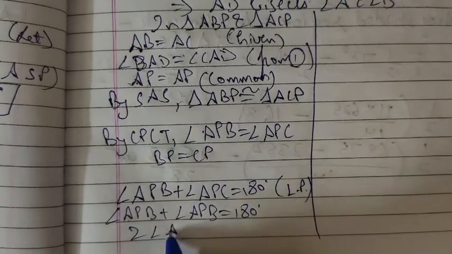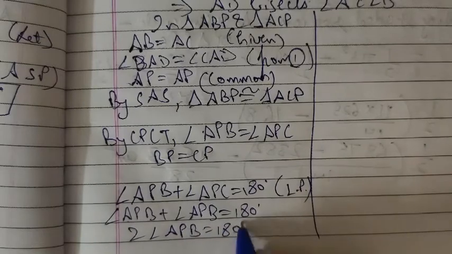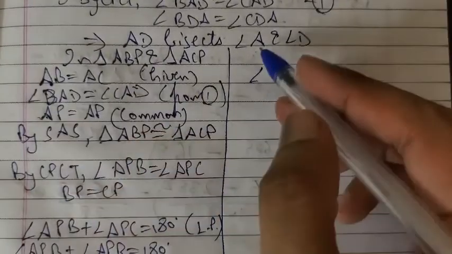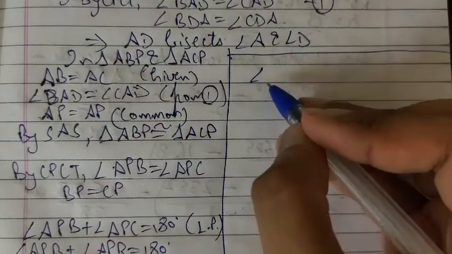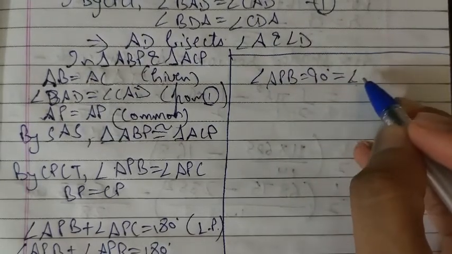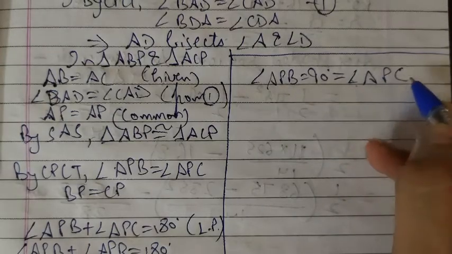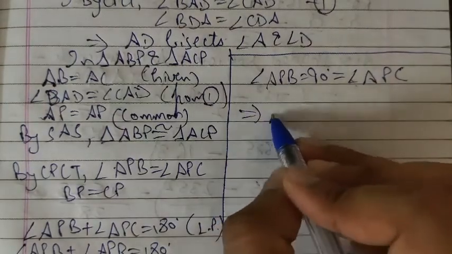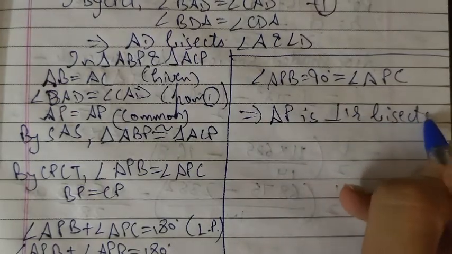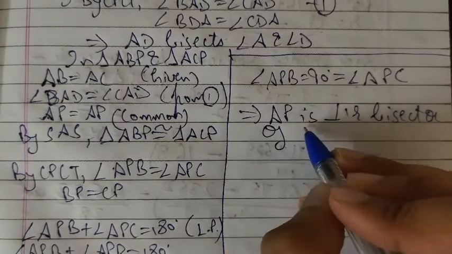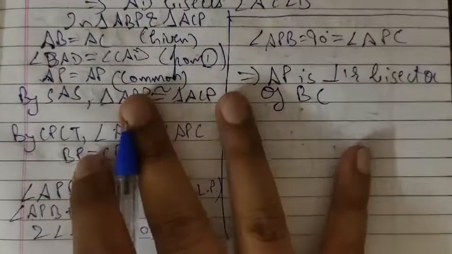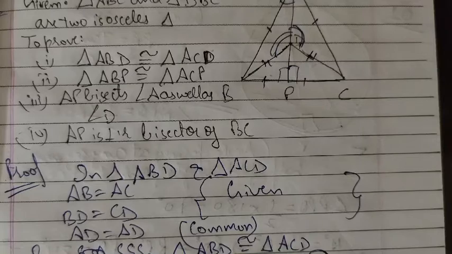So twice angle APB is equal to 180 degrees, so angle APB is equal to 90 degrees, which is equal to angle APC, right? So this implies AP is the perpendicular bisector of BC. Very easy, right? This question was very easy. Simply SSS and SAS we have to apply.